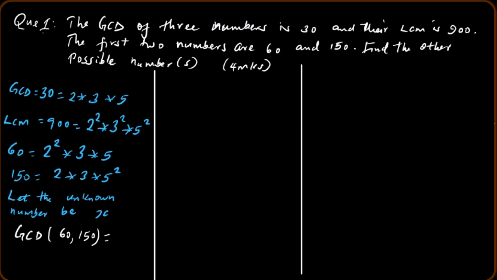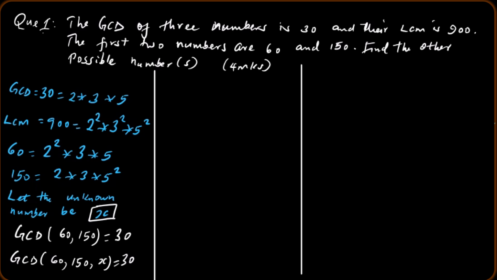This one will be 30. The GCD of the three numbers, 60, 150 and another number x, we are told that it is 30.